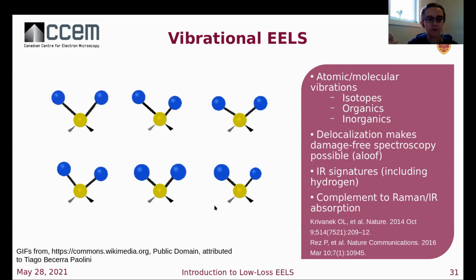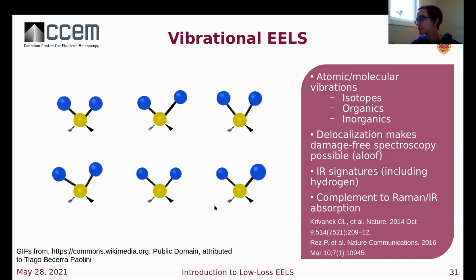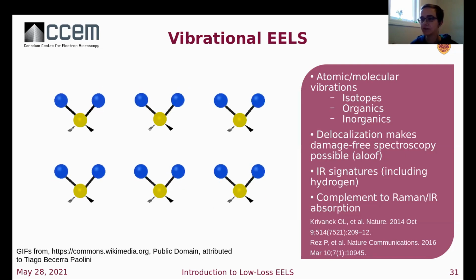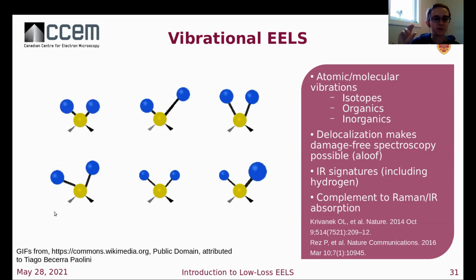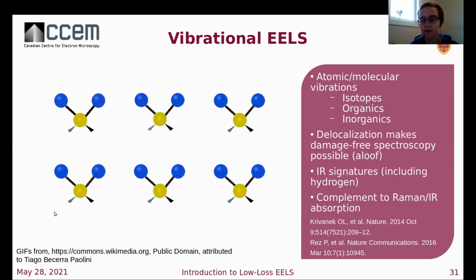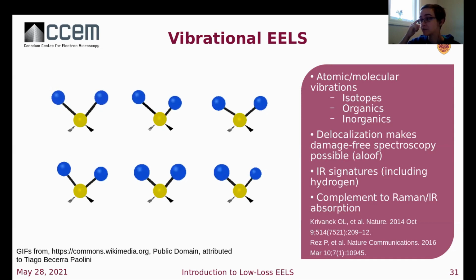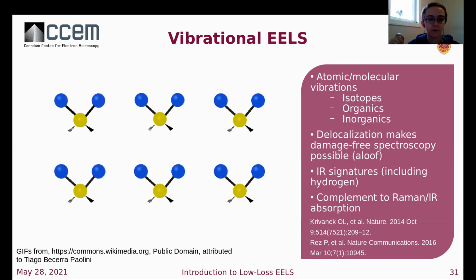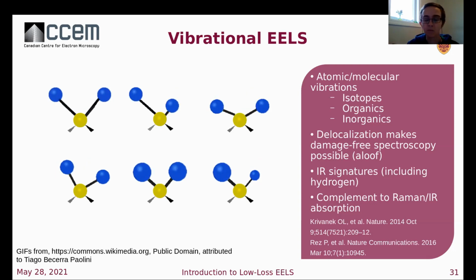And now with high resolution instrumentation, we can begin to pick up these modes. So this means, for example, that we can detect hydrogen in the electron microscope through its vibrational modes and bonds with other atoms. Hydrogen is something that's typically very difficult to detect, but using vibrational EELS, we can begin to detect where it is and what it's bonded to.